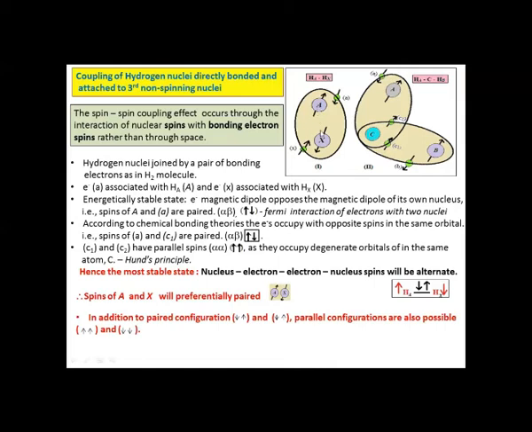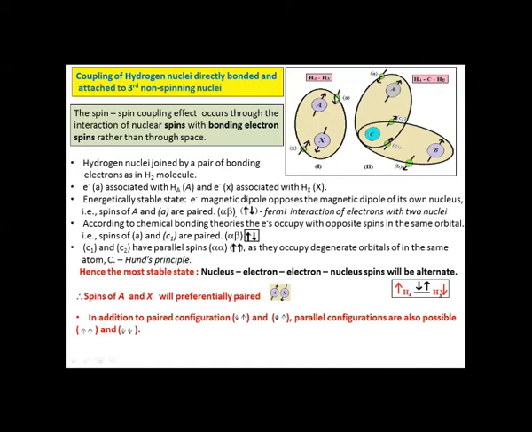So here comes a bonding between the A proton and the X proton, and the two bonded electrons should be of opposite spins. That is according to the chemical bond theories. Hence, the spin of the A electron and the spin of the X electron should be paired.